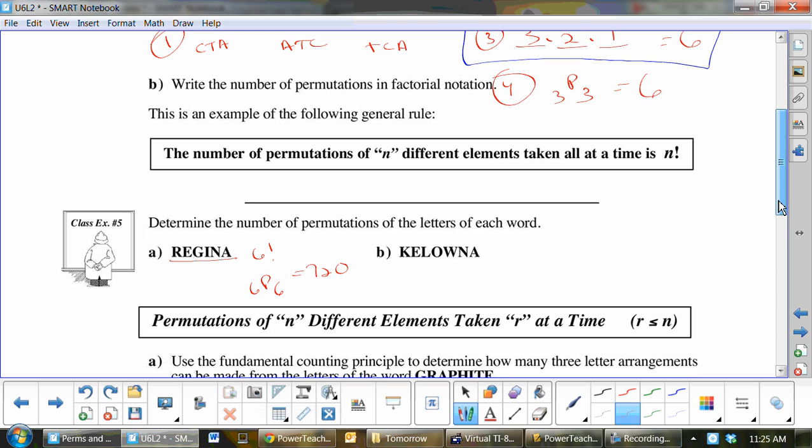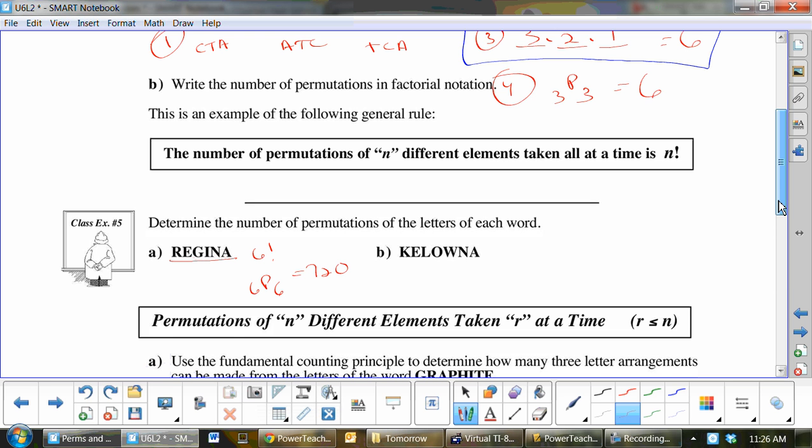Kelowna, see, I'm using all of them. And it is inferred there are no repeats. Because if I'm taking these words, Kelowna, and I'm making different words with them, is it possible to have duplicates? It's not, because I already used the E's, so I don't want to have any more E's.